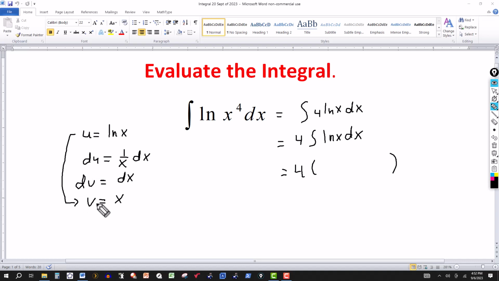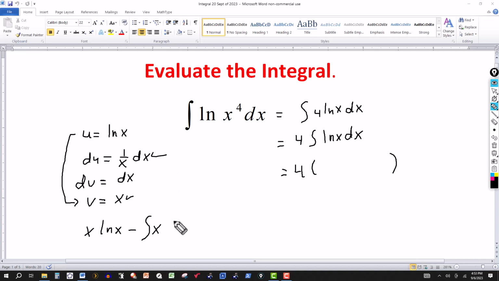So the first part of the answer is the product of u and v. So that'd be, I put the v first, x, and then u would be ln of x. And then it's a minus, and then it's the integral of v, and v is x, so it'll go here. And then it's du. This is du right here.